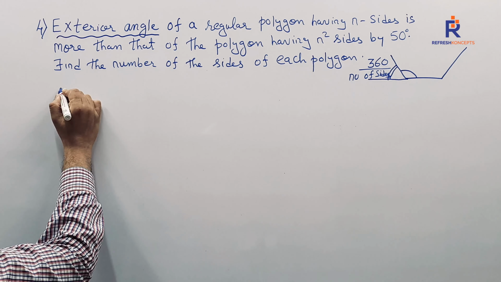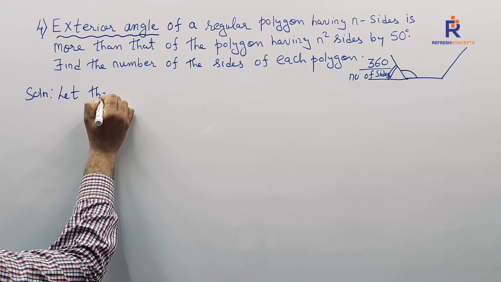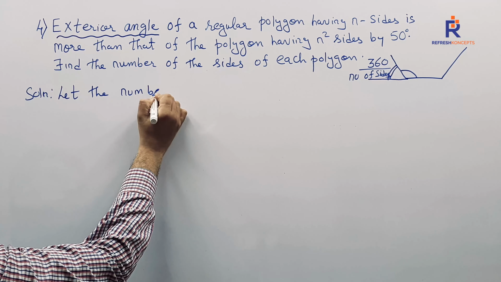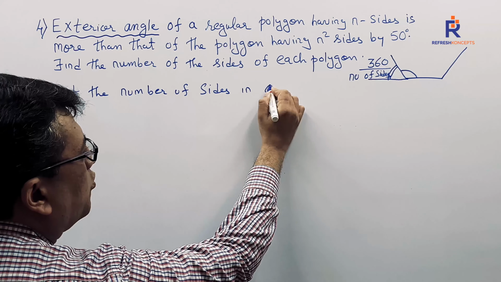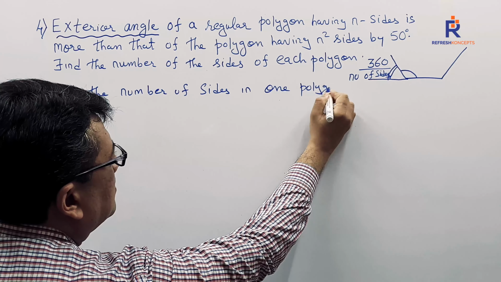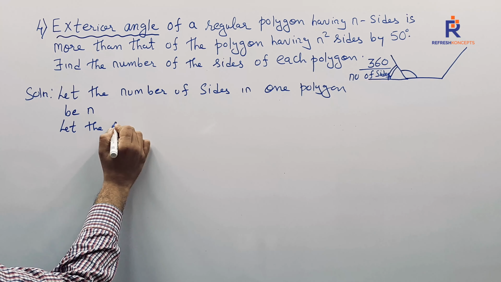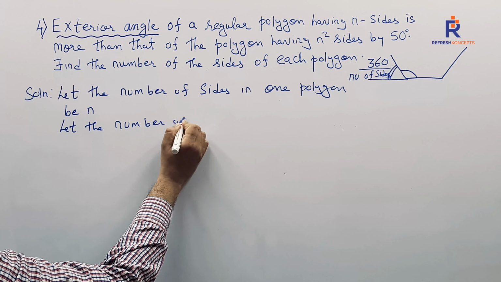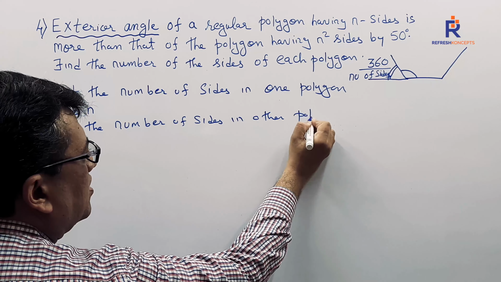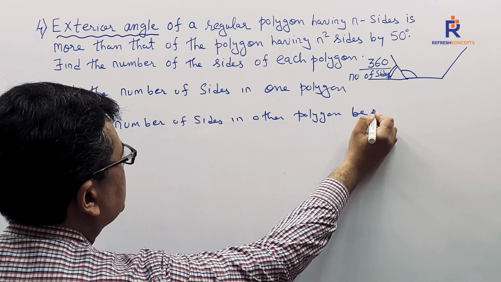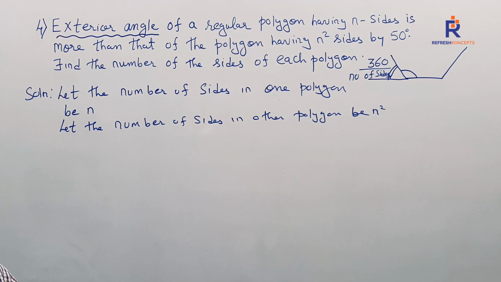So we say, solution: let the number of sides in one polygon be n, and let the number of sides in the other polygon be n square, as being given, n being the sides of the first polygon and n square being the sides of the second polygon.